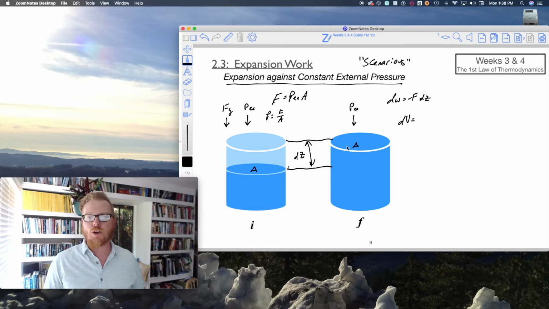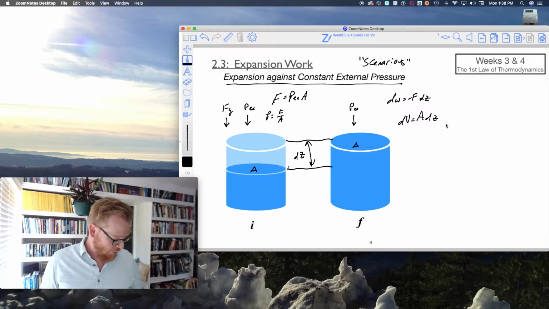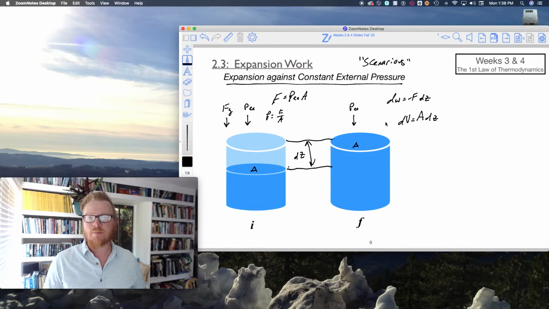And so I know the change in volume is going to be its area times dz. That's the change in volume, okay? And I also know that the force this thing is undergoing is P external times area. So I can plug a few of those things in now.